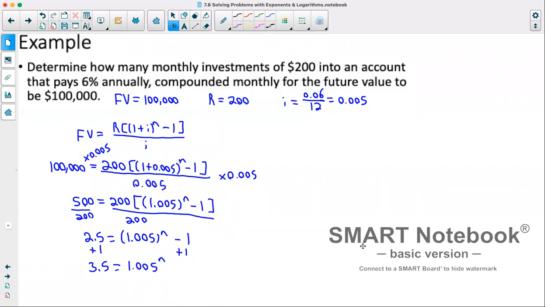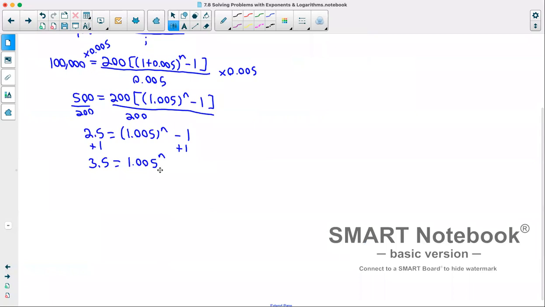At this point, I would change this into a logarithmic function. So we'll change from exponential to logarithmic. If we change into logarithmic, this would be our base. So we've got log base 1.005 of 3.5 equals n. We can break that into two separate logarithms.